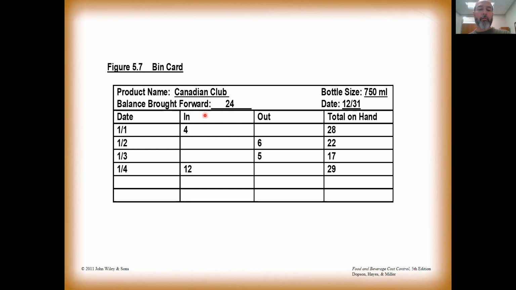So 24 plus 4 will give us total on hand that day of 28. And just as an example of the next step, here we had 6 bottles going out of inventory. So from that 28, we're going to subtract, or take out of inventory, 6 to give us the 22. And it just proceeds through time in that manner. Very simple, easy to replicate.